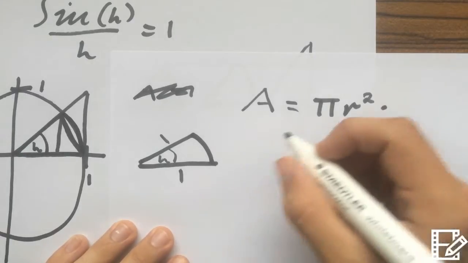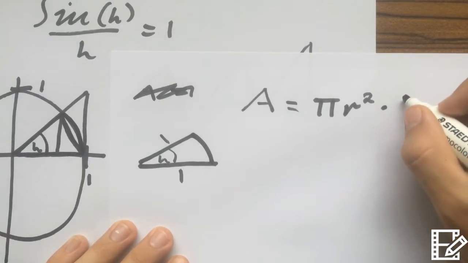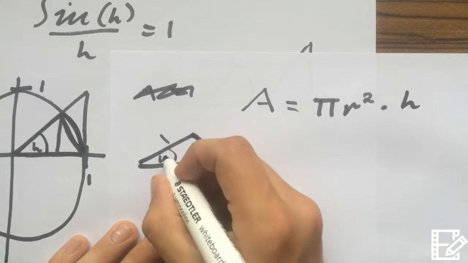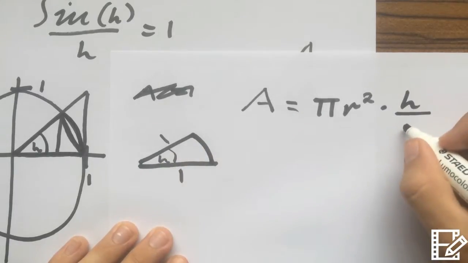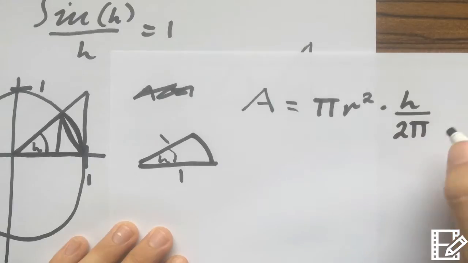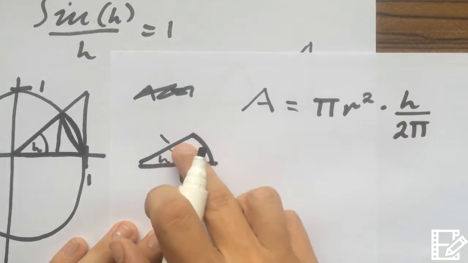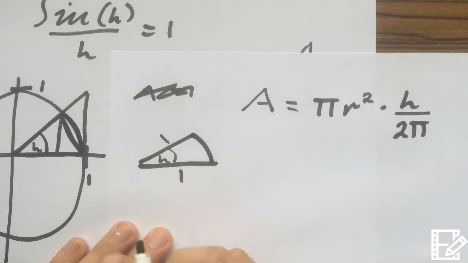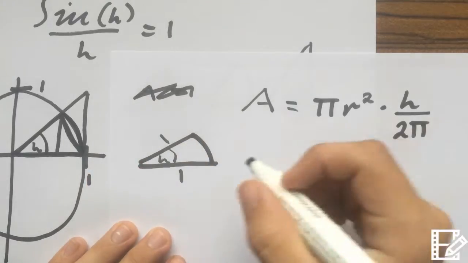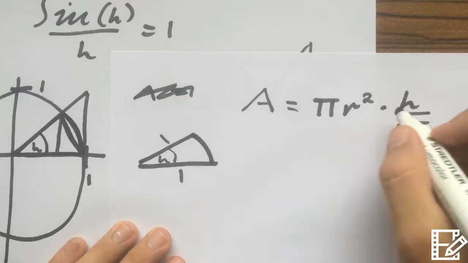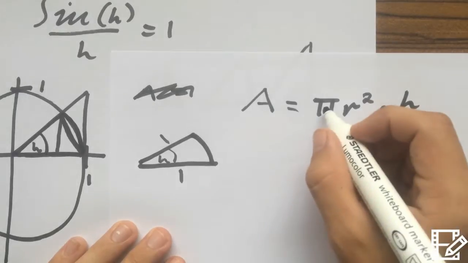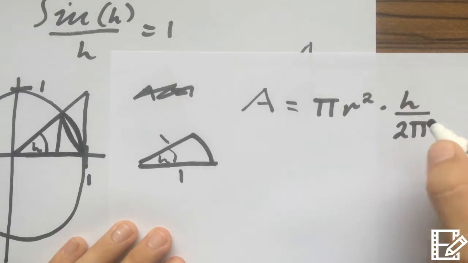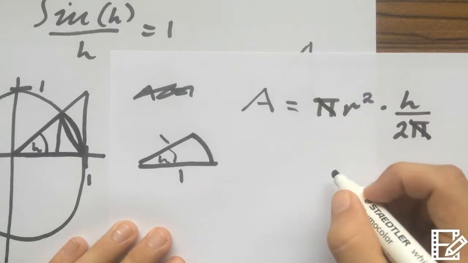So multiply it by h, which is the angle, over 2 pi, because h is the portion of the whole circle. And now we're going to simplify this a bit. We've got a pi multiplied and a pi divided, so we get rid of them.